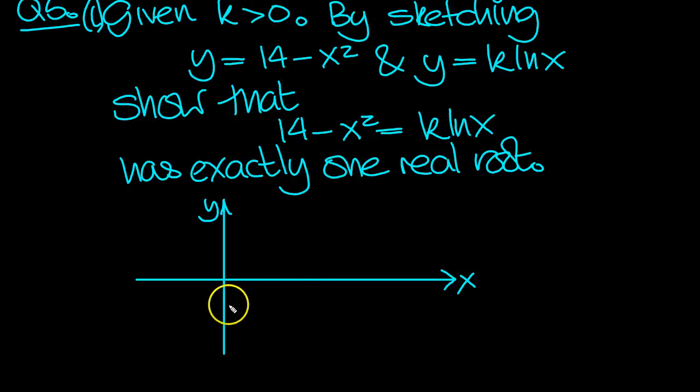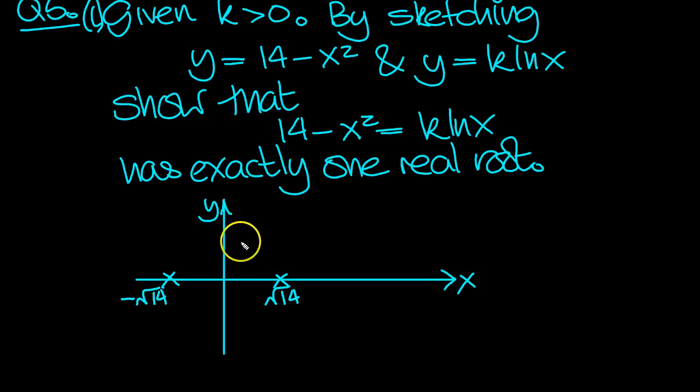Well, 14 minus x squared, it's a quadratic, so it's a u or an n-shaped curve. The x squared is negative, so it's an n-shaped curve. And here we can see this has got roots either side of the x-axis of plus and minus root 14, and we can just see that by inspection, can't we?